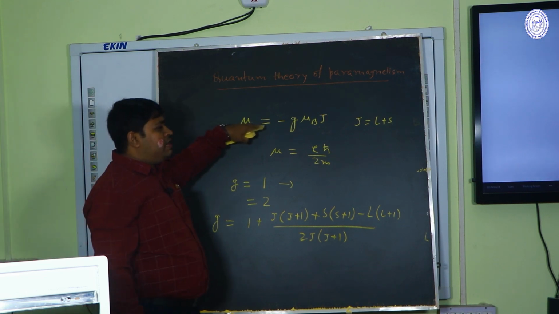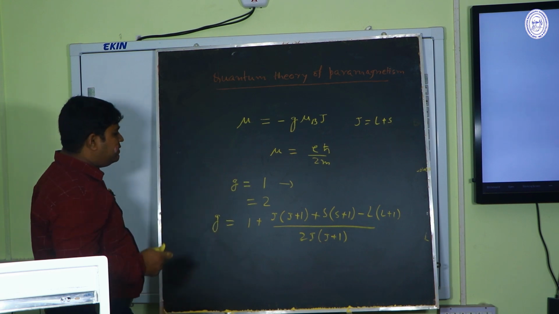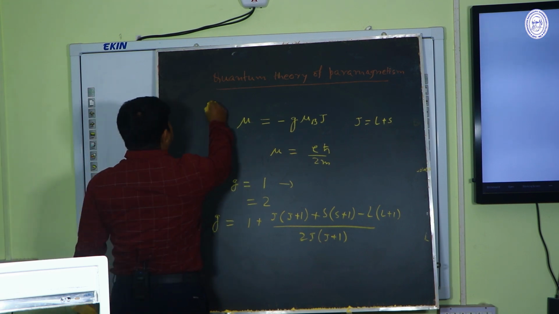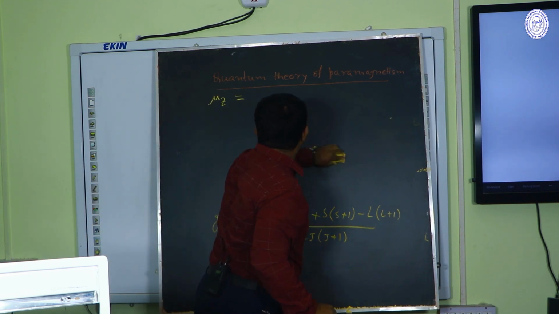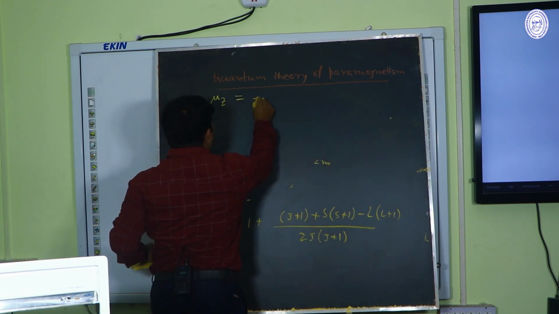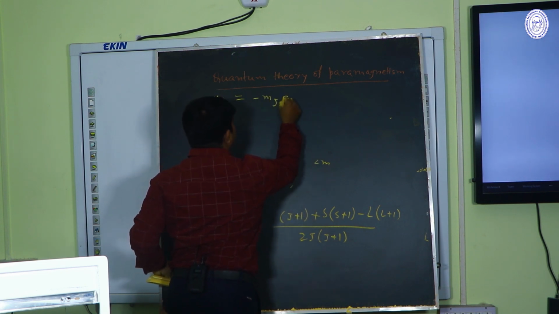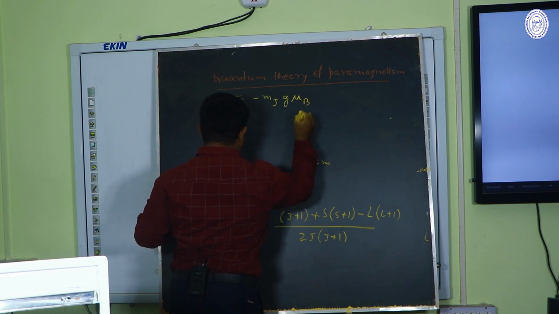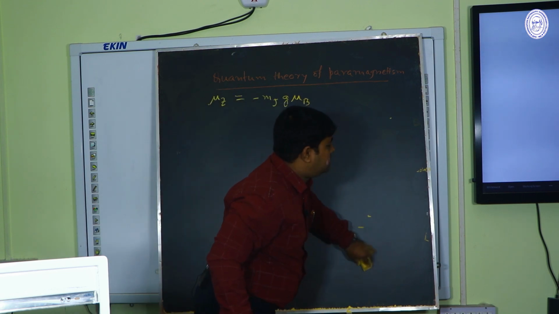And the component of the magnetic dipole moment along the direction of the magnetic field, mu z, is equal to minus mJ g mu B, where mJ is called the magnetic quantum number.